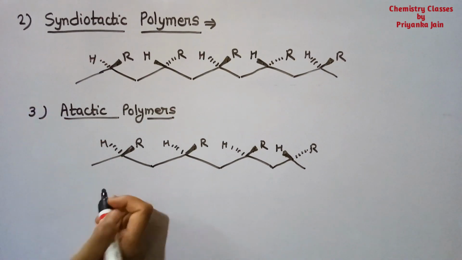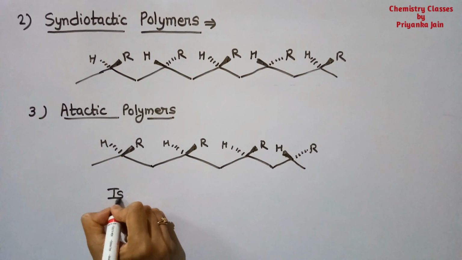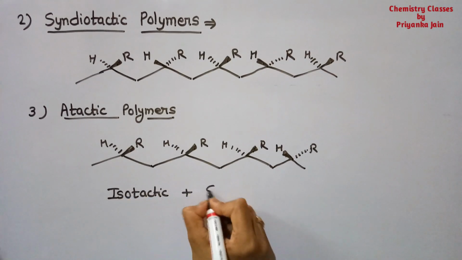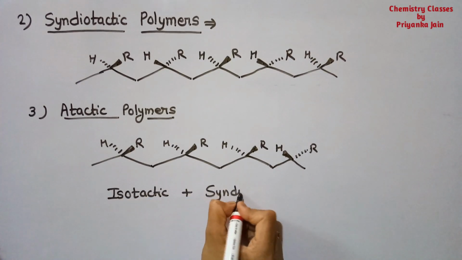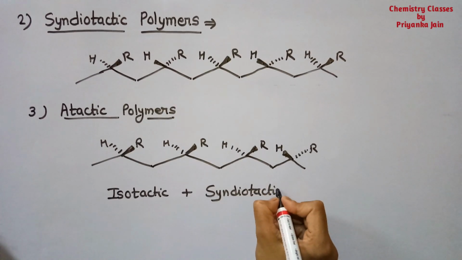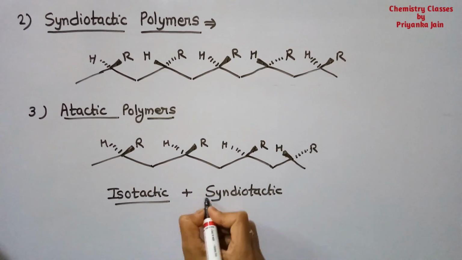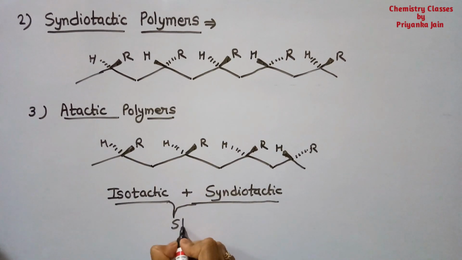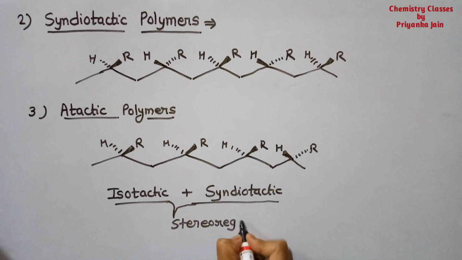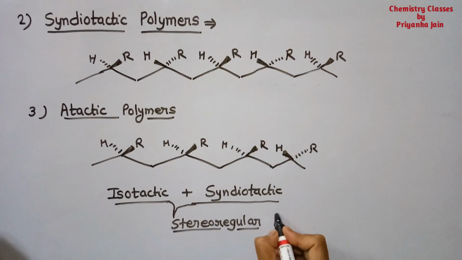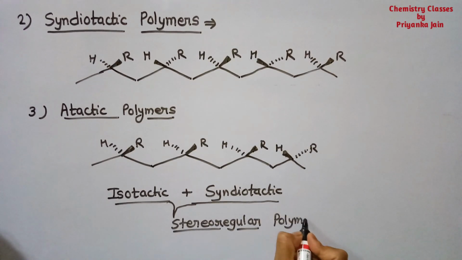Now see one important thing here. The isotactic polymers and the syndiotactic polymers are combinedly known as stereoregular polymers.